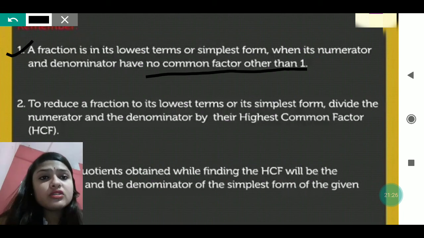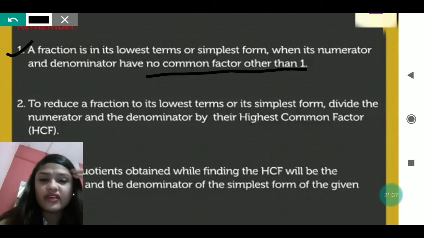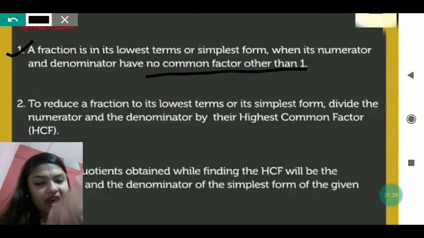Now, to reduce a fraction to its lowest term or simplest form, divide the numerator and denominator by their highest common factor. First, we have to find the factors of both numbers, the number written at the numerator place and the number written at the denominator place.